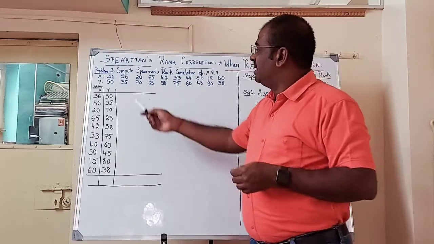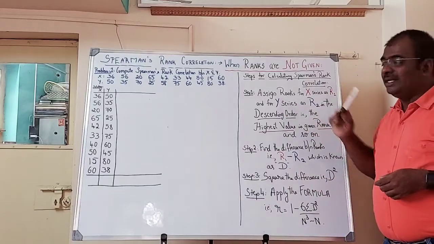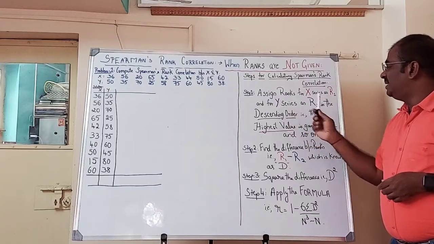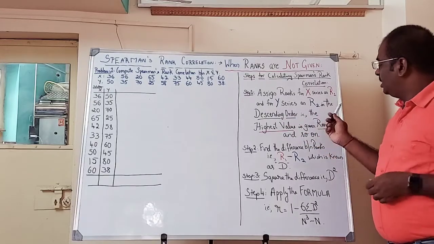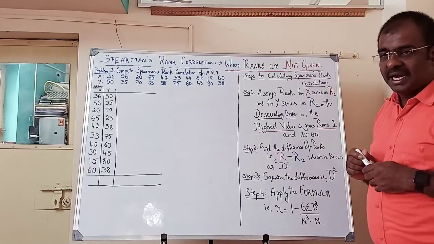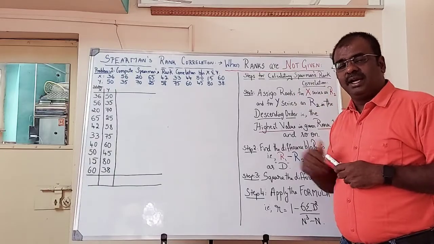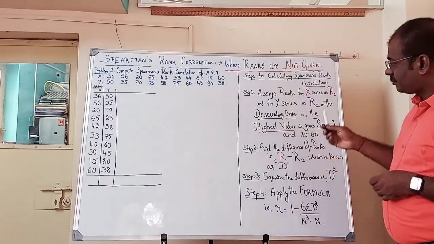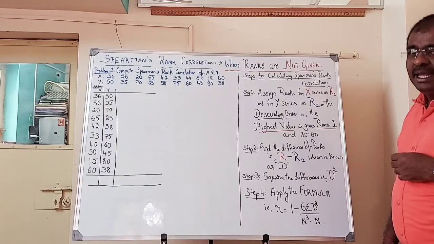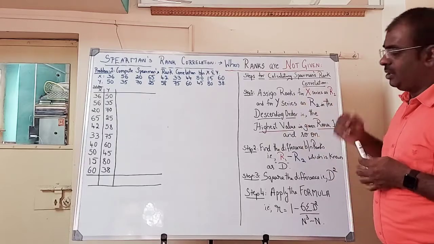We know the two variables are X and Y. The rank for X series is R1 and for Y series is R2, in descending order, which means the highest value gets the first rank, the next highest gets the second, the third highest gets the third, and the list goes on. So step number 1, assigning ranks according to the descending order for both series X and Y, which is R1 and R2.